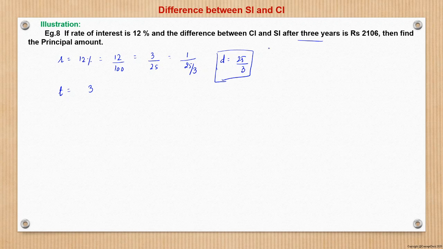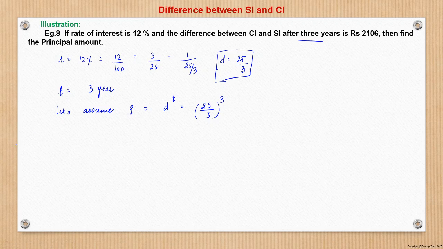After 3 years, let's assume principal P is equal to D raised to power T. So D is 25 by 3 raised to power 3. This I have assumed.